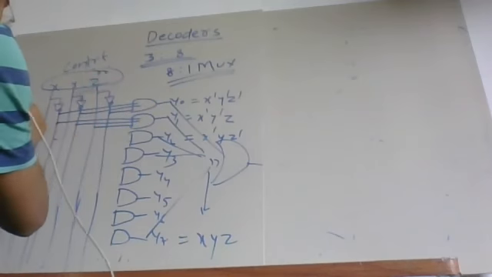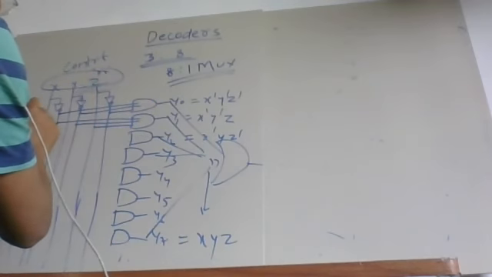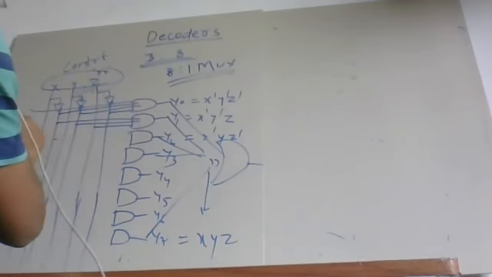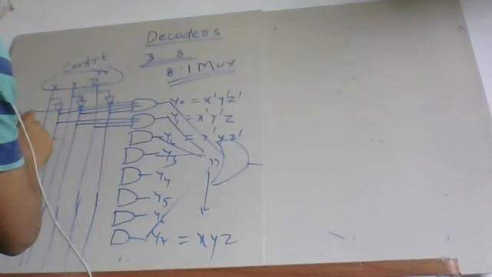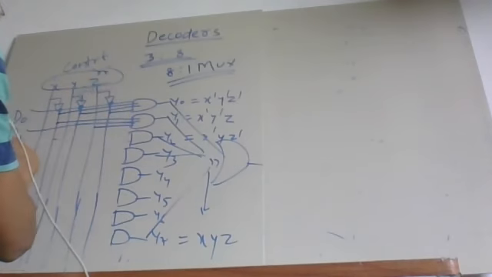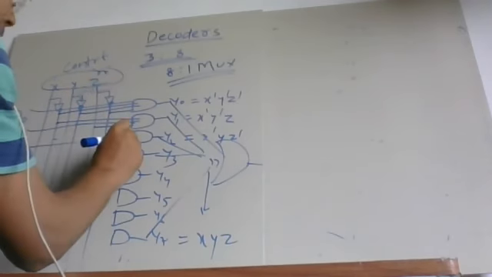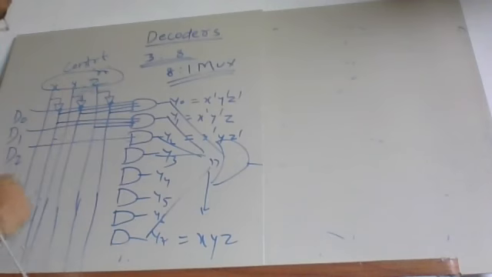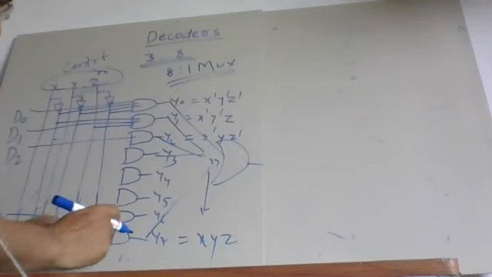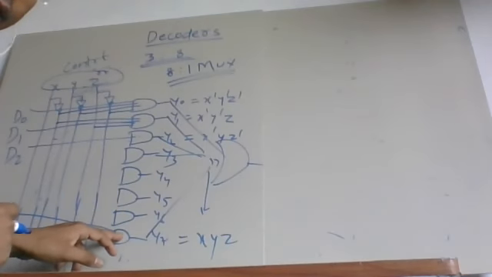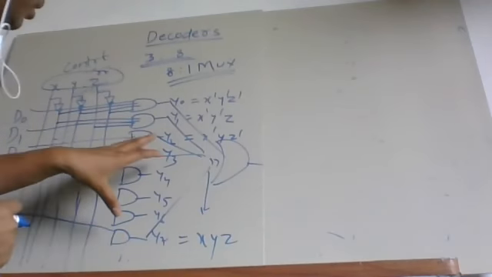So input data D0 must be transferred to this AND gate, D1 must be transferred to another AND gate, D2 must be transferred to the third AND gate. Likewise, D7 must be transferred to the eighth gate, in addition to all these control signals.